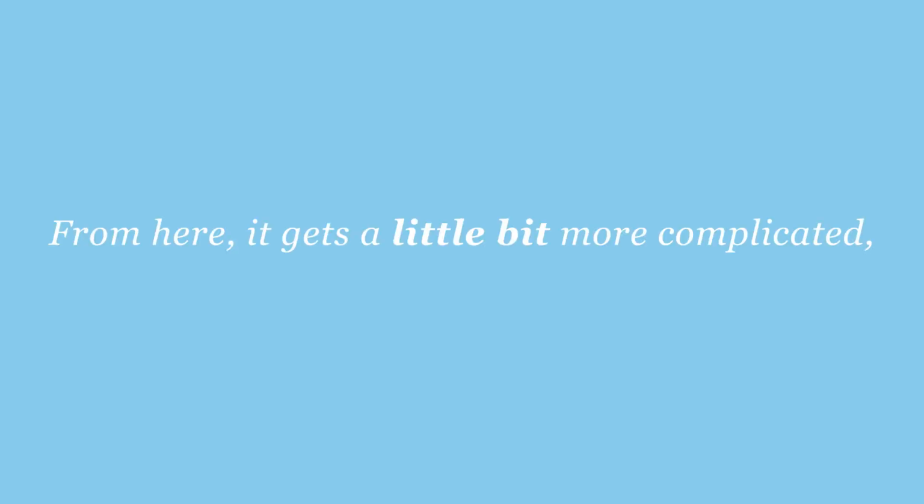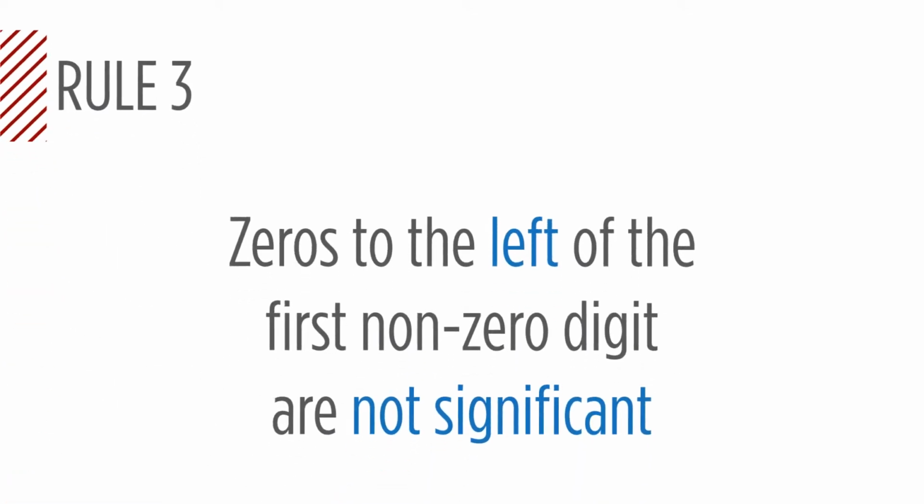From here it gets a little bit more complicated, but not too difficult. Just have to remember the rules. In Rule 3, we're looking at zeros to the left of the first non-zero digit. So if we look at 0.0081, think about what the zeros are doing.